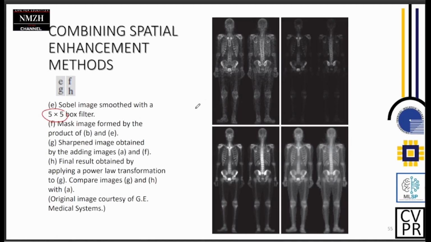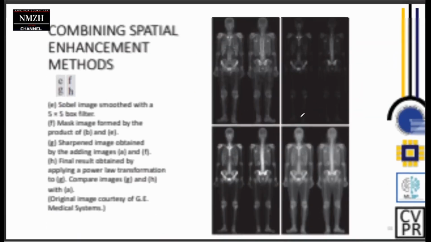Okay. So F is B and E. The mask performs the product of B and E. So this and the upstairs B. And this one is the sharpened image obtained from A and F. Okay. So where is F? This one and this.